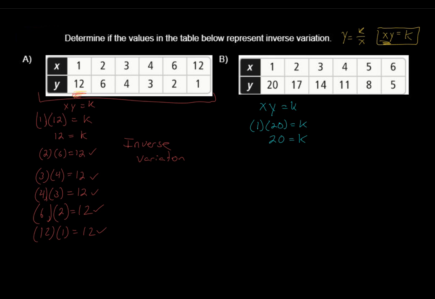If I continue with the next one, 2 and 17, and I multiply them, that doesn't give me 20, it gives me 34, which is not the same thing. So because even just one of them failed, this is not inverse variation.